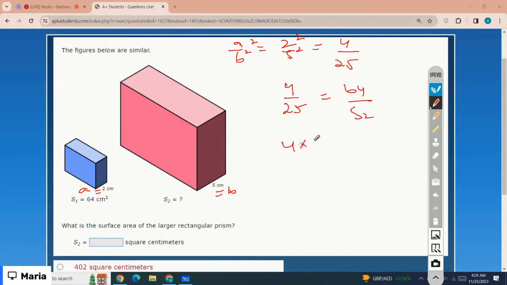So just do cross multiplication and divide by 4. So S2 equals 64 times 25 over 4.